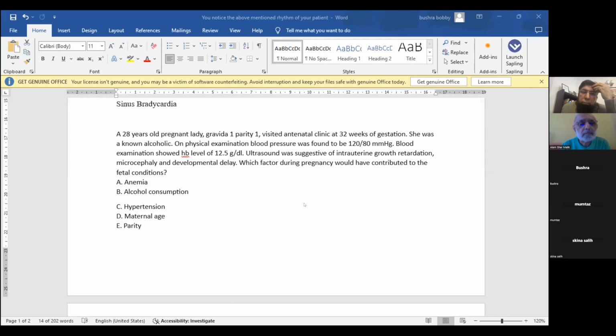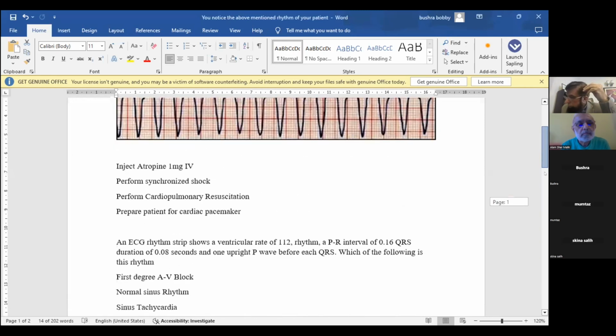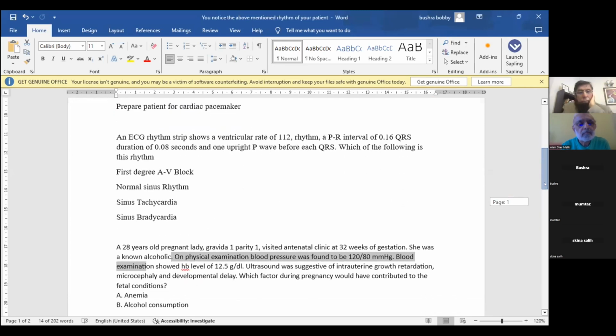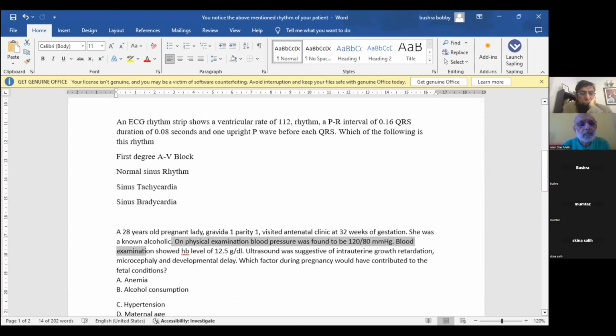Okay. So we have this question. We have two questions related to the cardiac one. I'm reading the first one: an ECG strip showing that the ventricular rate is 112, the PR interval of this patient is 0.16 and the QRS duration is 0.08 second, and one upright P wave before each QRS is showing on the ECG strip.